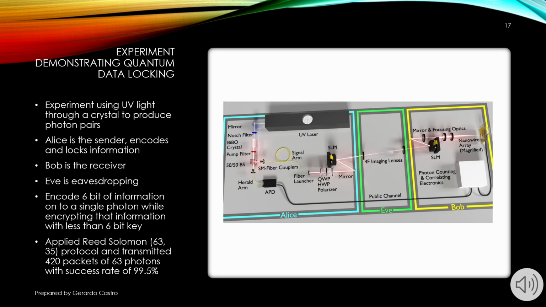Bob is the receiver, and Eve is the one tampering with the information. Basically this works by encoding 6 bits of information into a single photon while encrypting that information with a key of less than 6 bits. The experiment applied the Reed-Solomon protocol and transmitted 420 packets of 63 photons with a success rate of 99.5%. Next slide.